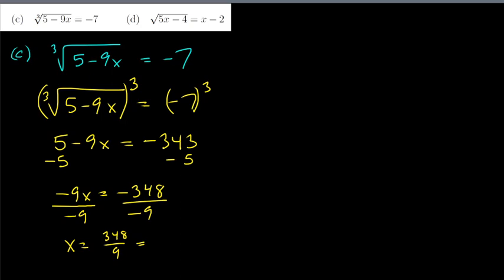So let's see, can we reduce this to its lowest terms? 348 divided by 3. Yep, is 116. So this is 3 times 116 divided by 3 times 3. So we can cancel the 3's. This is just 116 over 3. Right. Or if you like, it's 38 and 2/3.